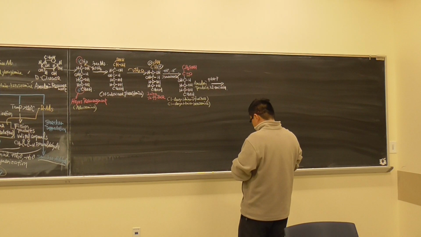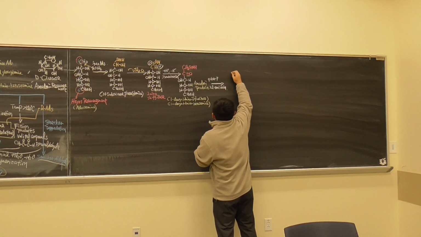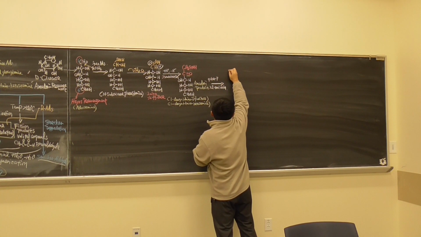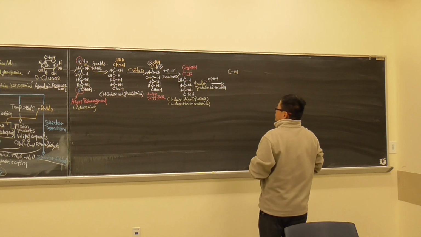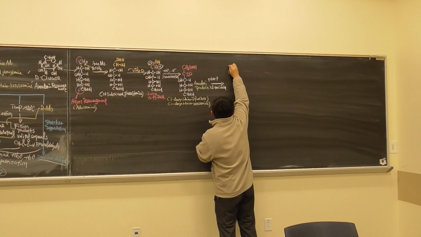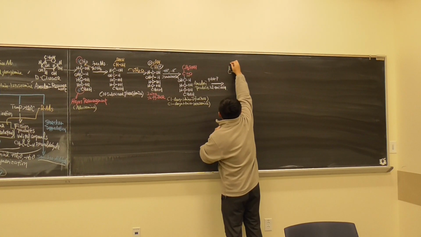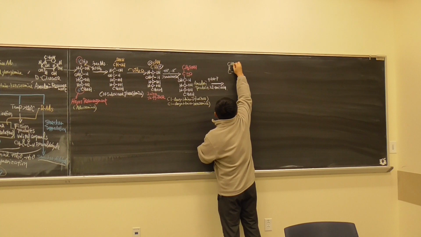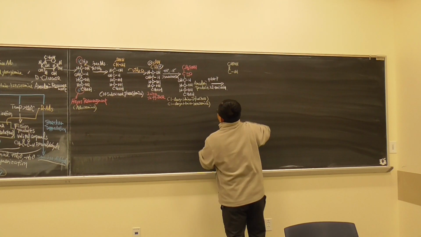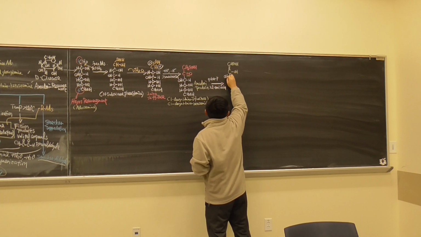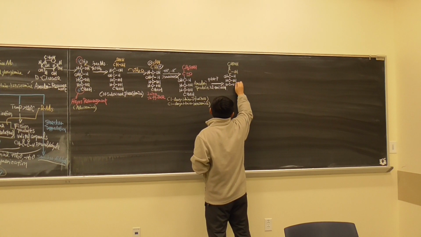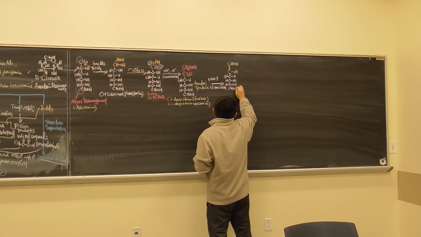We look at this guy, COH. If the COH is generated, obviously this will be a double bond. So, CH or NH. And below, all these things are the same. So you can copy OH, H, CH, OH, CH, OH, CH2, OH.